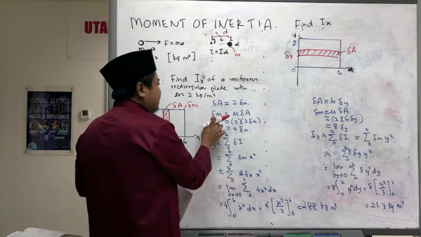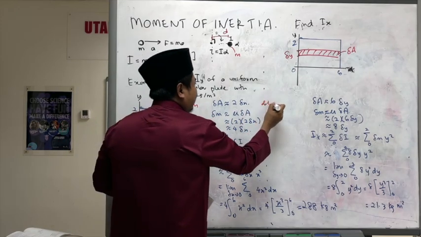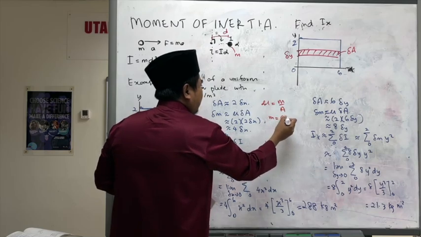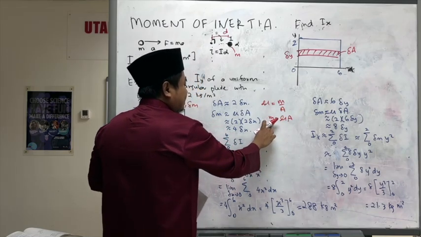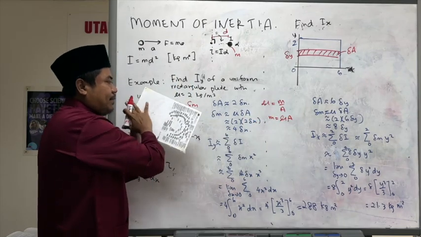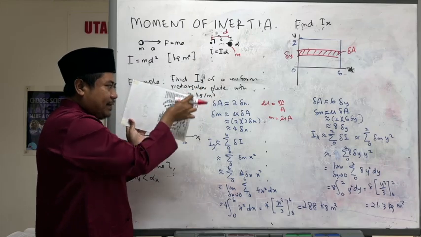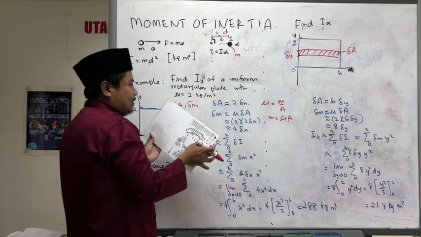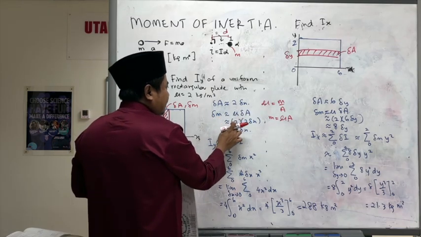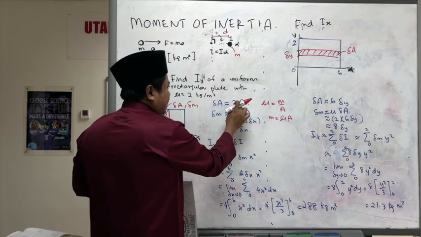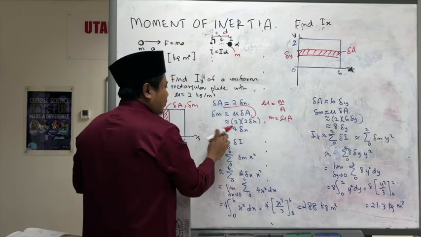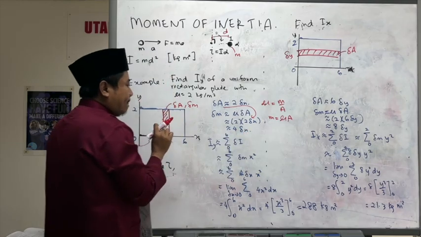Remember again, mu equals m over A, so m equals mu A. The mass depends on the area: if we have a big area, we have a big mass, and if we have a small area, we have a small mass. So one small strip has mass mu times delta A, where mu is 2, so we have 4 delta x.